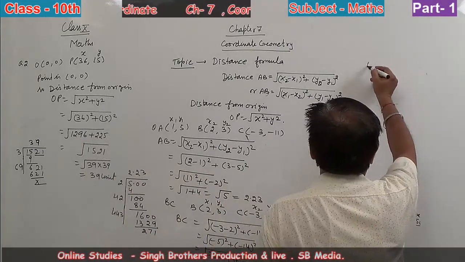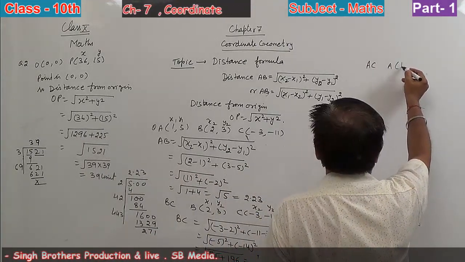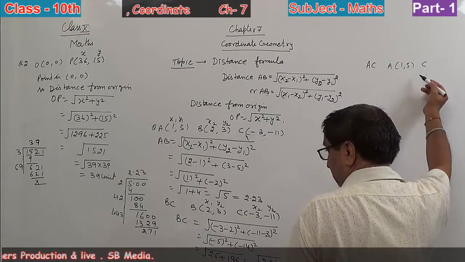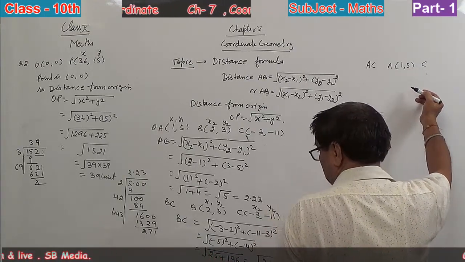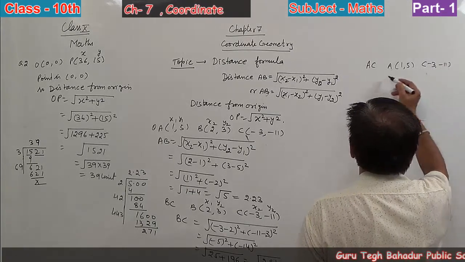AC. A is 1, 5 and C is minus 3, minus 11.